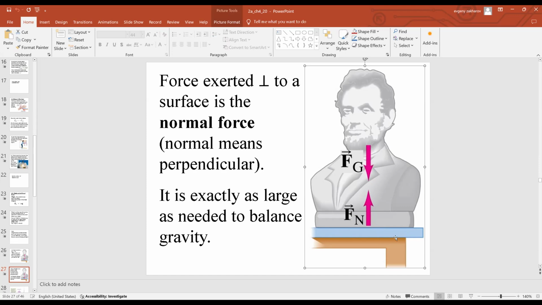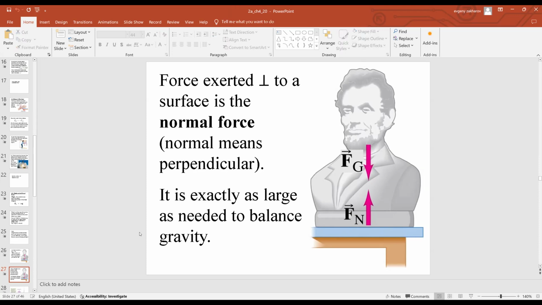Okay? So if the table were slanted, then the normal force would be slanted too. If the table is not horizontal but vertical, the normal force would be horizontal. So the normal force is perpendicular to the surface that your object leans against.